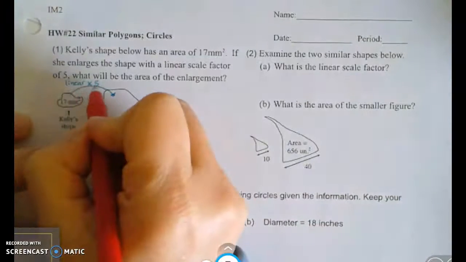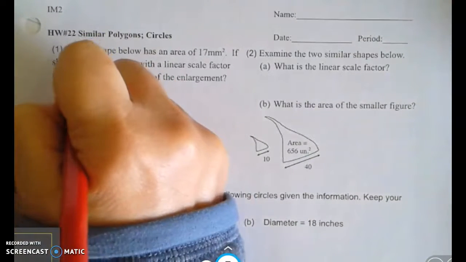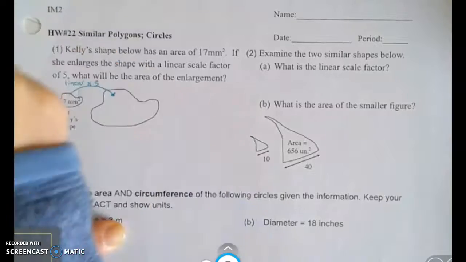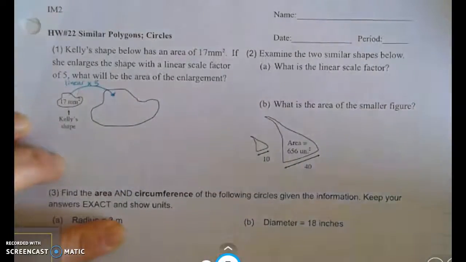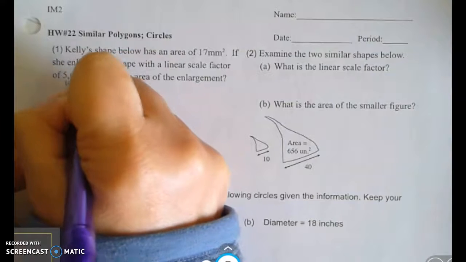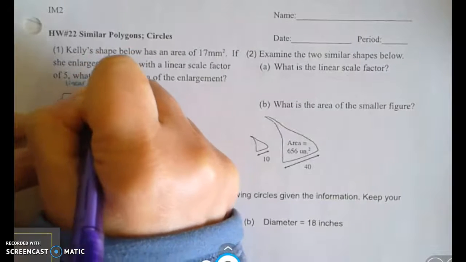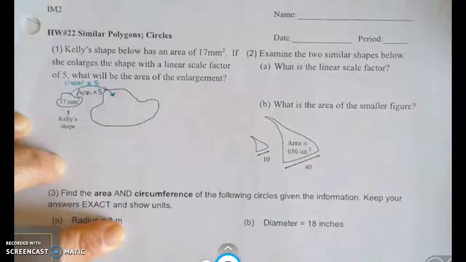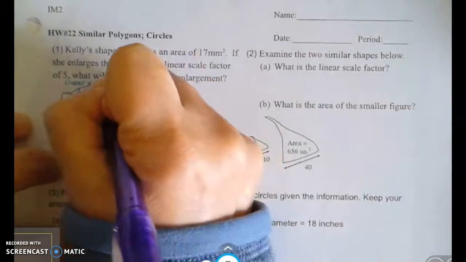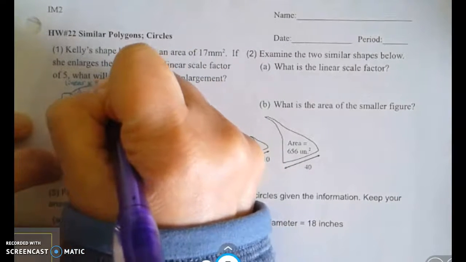If the linear scale factor is 5, what is the area scale factor? The area scale factor is 5 squared. Whatever the linear scale factor is, it's multiplied by that number squared.